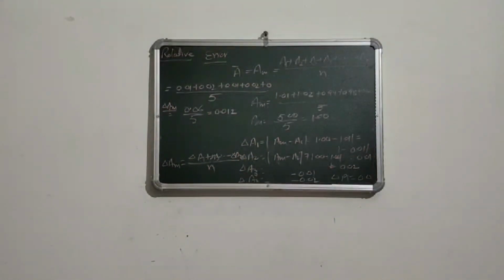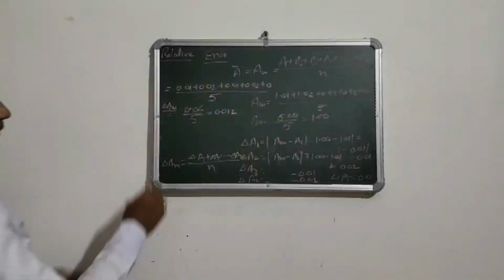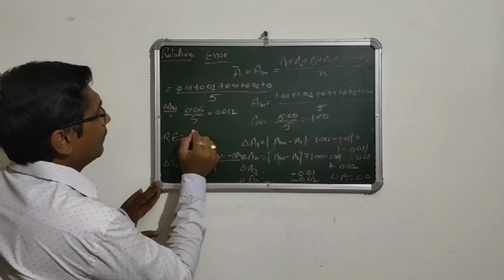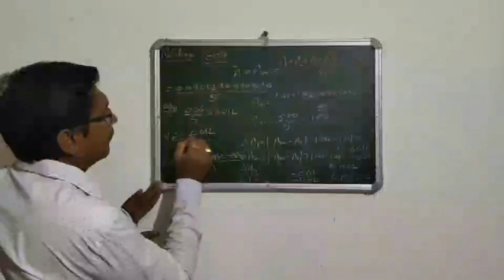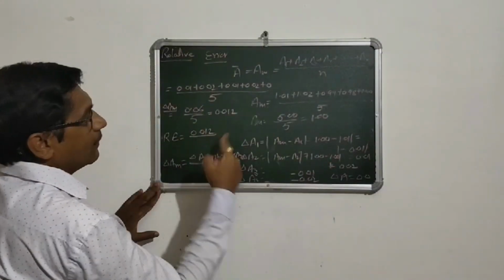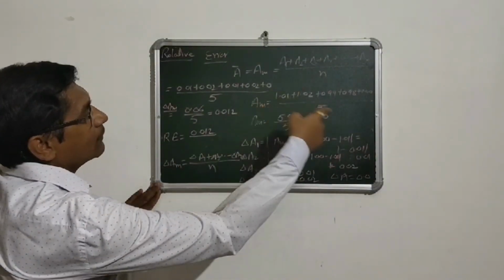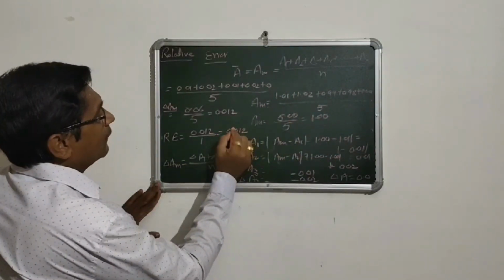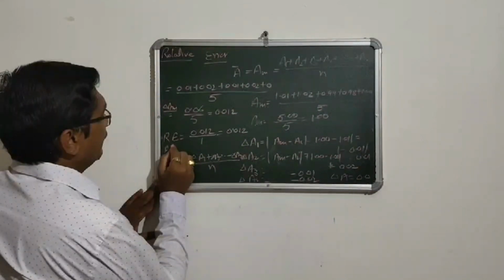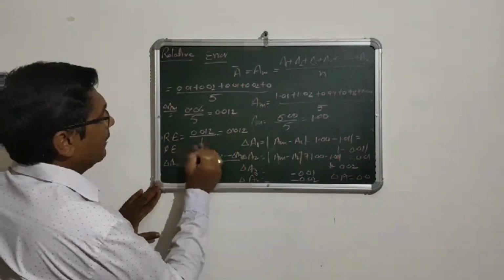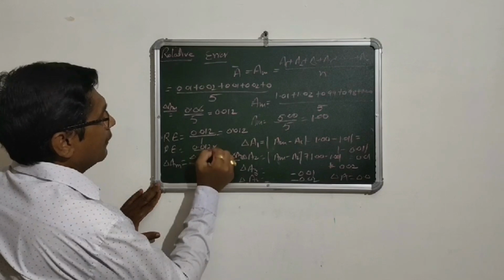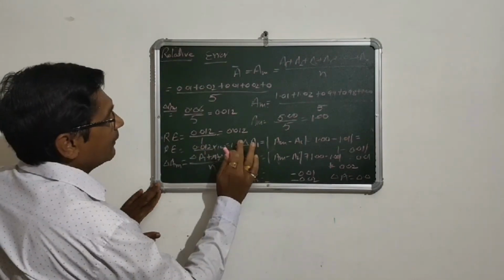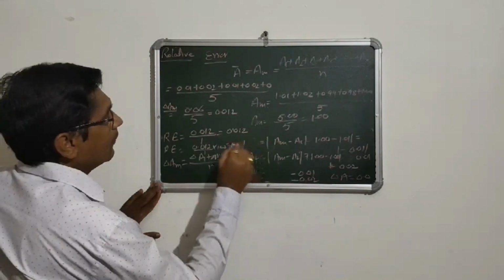Now we can find the relative error. The relative error is equal to the absolute mean error 0.012 by the mean value, which is 1. So 0.012 is the relative error, and for the percentage error this is multiplied by 100. So the percentage error is 1.2%.